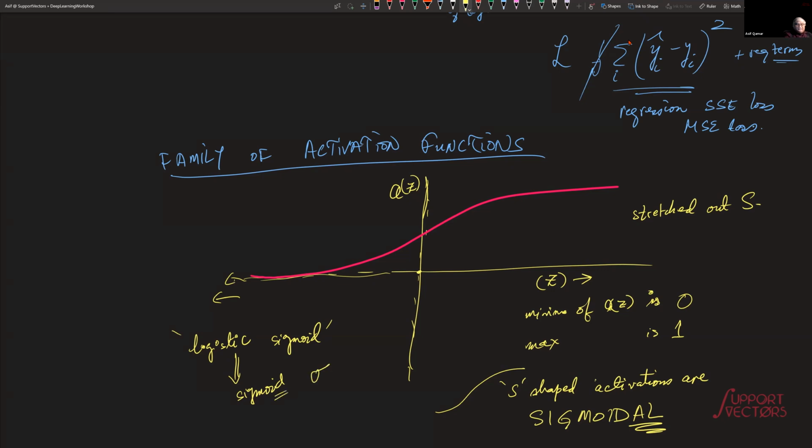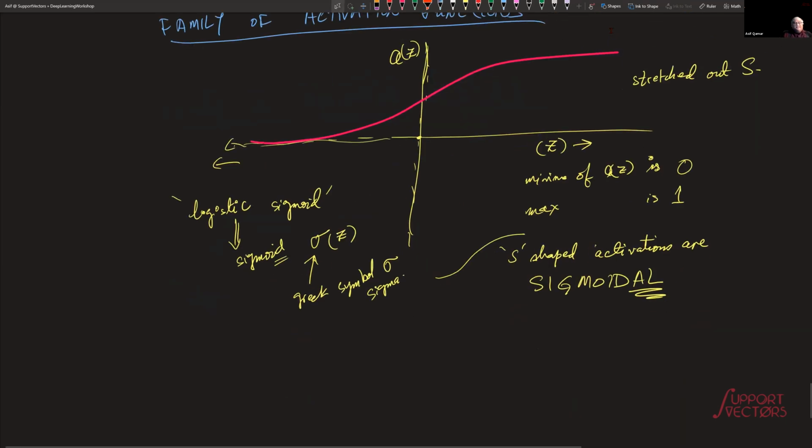We represent sigmoid typically with a sigma, the little Greek symbol sigma. The mathematical expression for the sigmoid function is: sigmoid of z is equal to 1 over 1 plus e to the minus z.